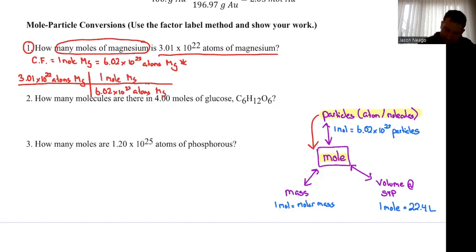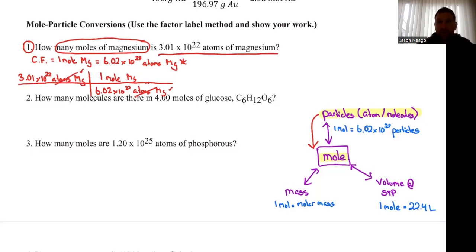And notice, because I have atoms of magnesium above my cancellation line here, and atoms of magnesium below my cancellation line here, those units will cancel out, and I'll be left with moles of magnesium. And if I check what I have circled, that's what I'm looking for.